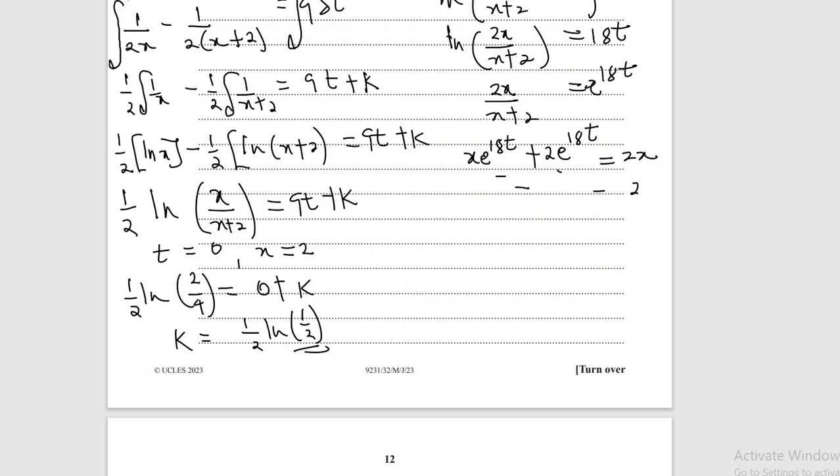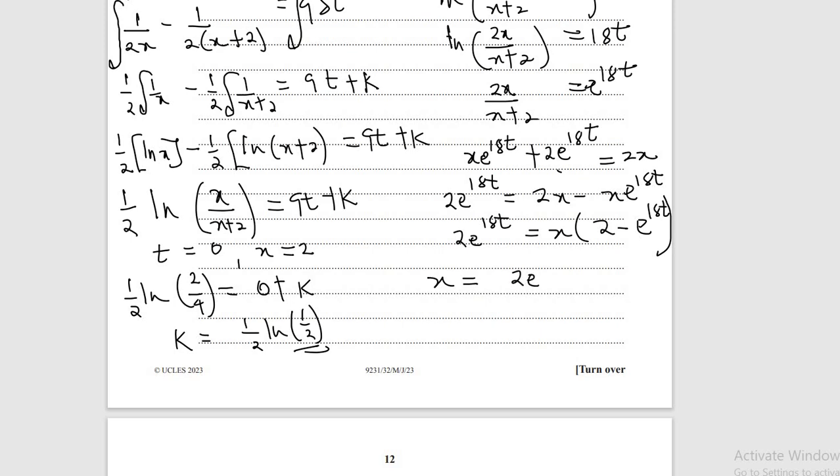Let's do it like this: 2e raised to the power 18t equal to 2x minus x e raised to the power 18t. So 2e raised to the power 18t equals x times bracket 2 minus e raised to the power 18t. Make x the subject of formula. That will be 2e raised to the power 18t over 2 minus e raised to the power 18t. That's the answer, x in terms of t.